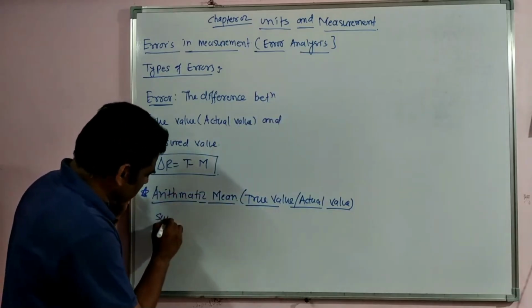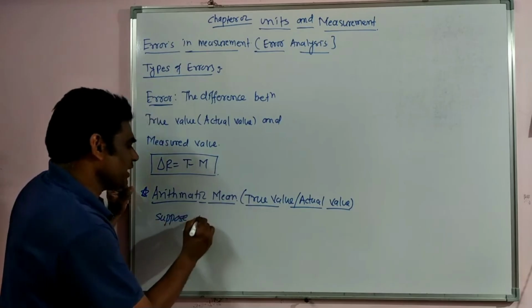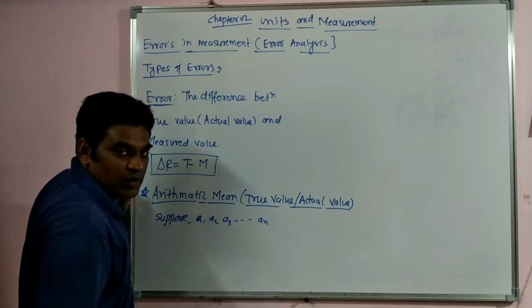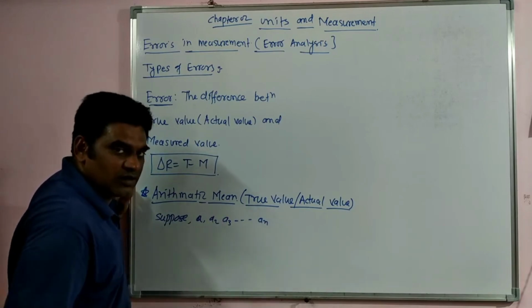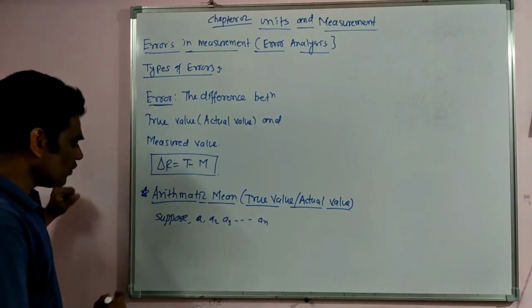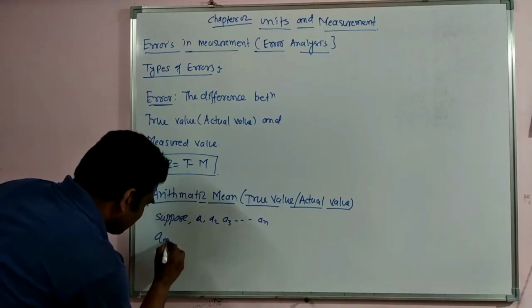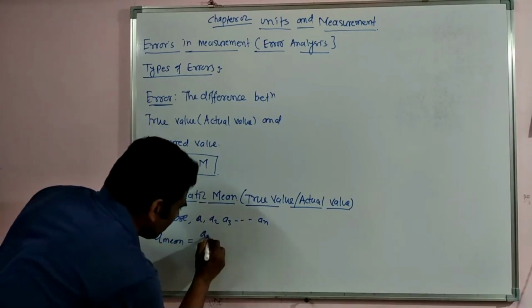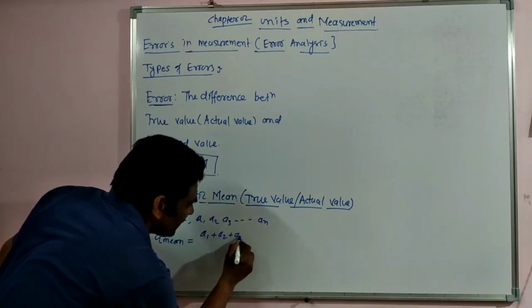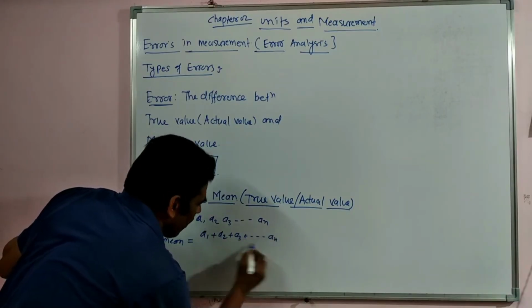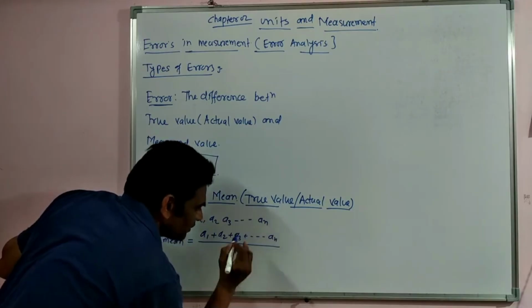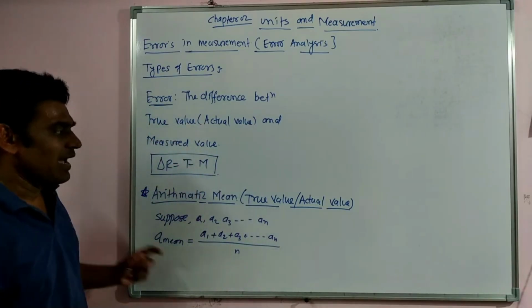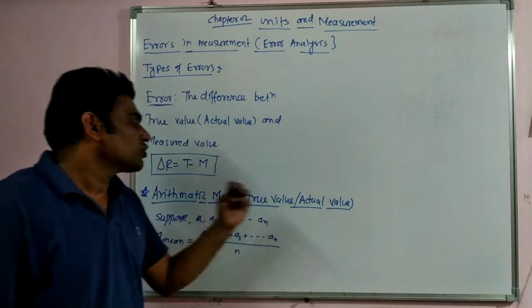Suppose A1, A2, A3, like this, n number of readings we have taken, A1 to An. So you calculate A mean, where A mean means average. A1 plus A2 plus A3 plus, you add all the readings and divide by the number of readings. So it is the average. This is called A mean.